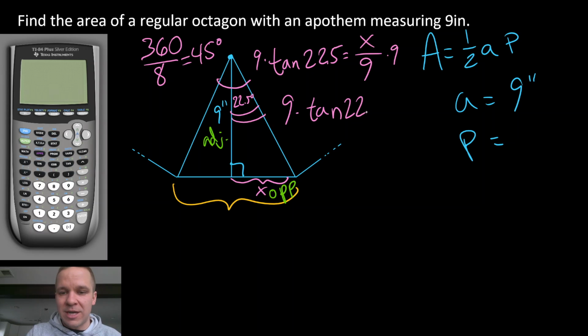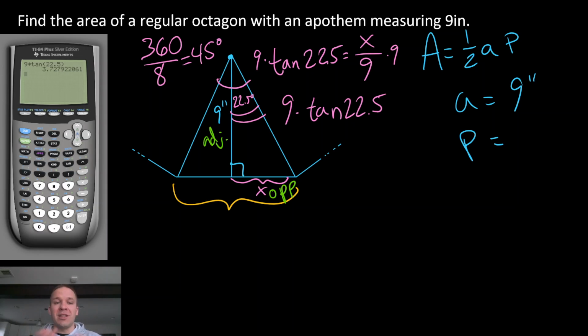I almost missed the decimal there. Let's see what that is in our good old friend, Mr. TI-84 Plus. We got 9 multiplied by the tangent of 22.5. Close those parentheses, and boom, that is my side length of that triangle.